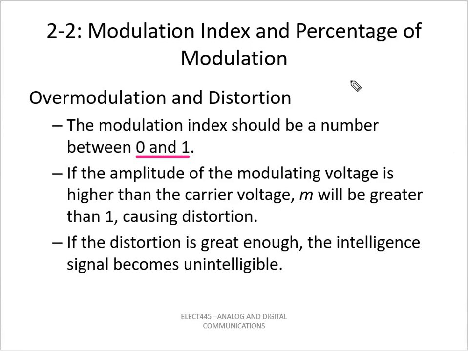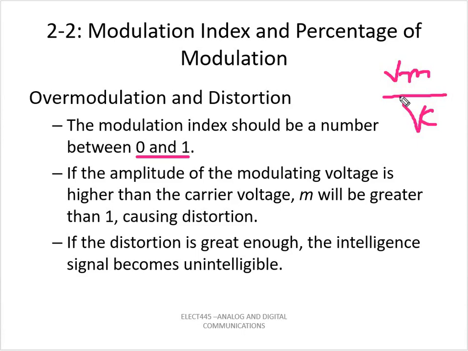The modulation index is actually the ratio of Vm divided by Vc. The amplitude of the carrier wave is always greater than Vm, or in extreme cases if these are equal, only then will we get Vm divided by Vc equal to 1.